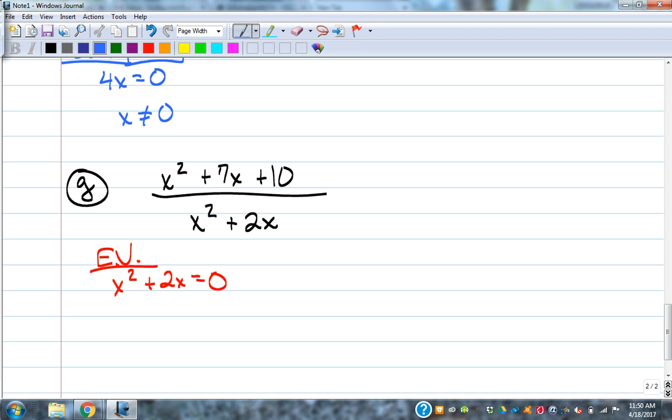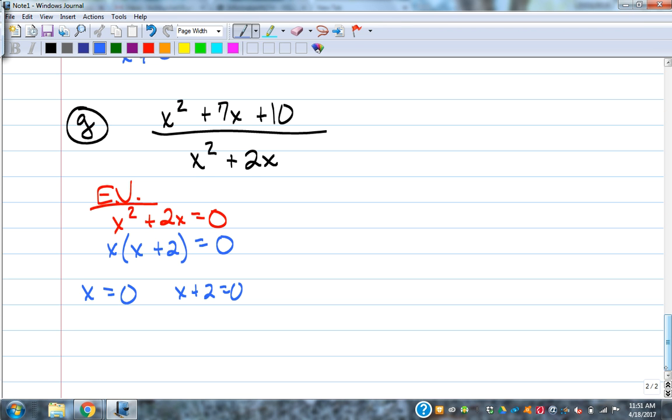I could factor it, with GCF, right? x squared and 2x have what in common? x. Leave x plus 2 in the parentheses. And then what do you do with each factor? Set each factor equal to 0.